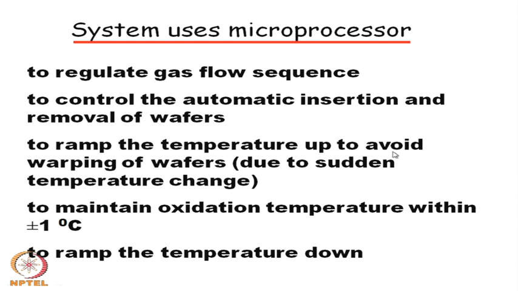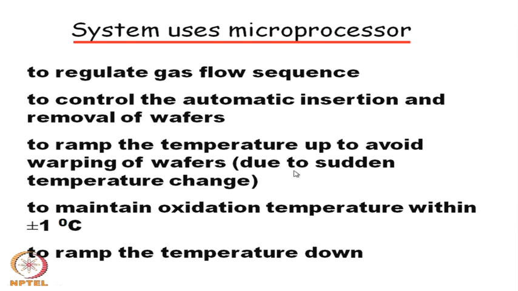Why? Because otherwise if there is a sudden change of temperature, there will be thermal shock to the wafers and you will not be able to avoid warping of wafers. So, there can be some cracks, hair-like cracks also, and that is the warping, and to avoid warping you have to ramp the temperature very slowly.